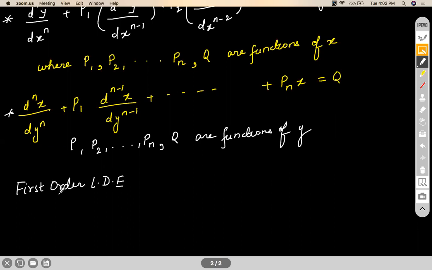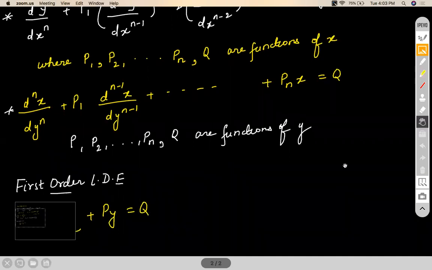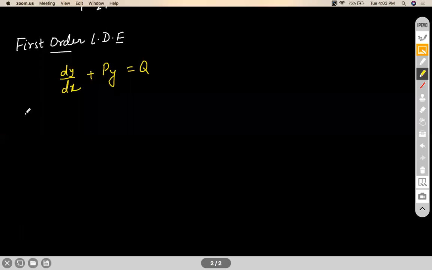Under first order LDE, we saw these two forms: dy by dx plus Py is equal to Q. The method to solve this was to use what we call the integrating factor. Integrating factor is e to the power integral of P dx.